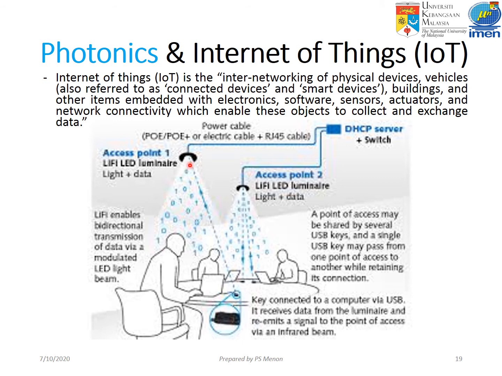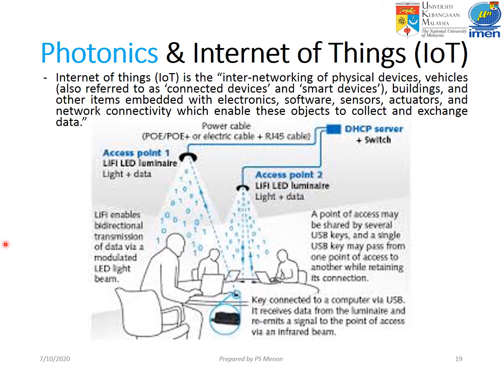So it receives the signal and it can transmit back the signal, similar as how a Wi-Fi dongle would work. And Li-Fi enables bidirectional transmission of data with a modulated LED light beam. So the light will be traveling through a power cable and it is connected to a server or a switch for data transmission.